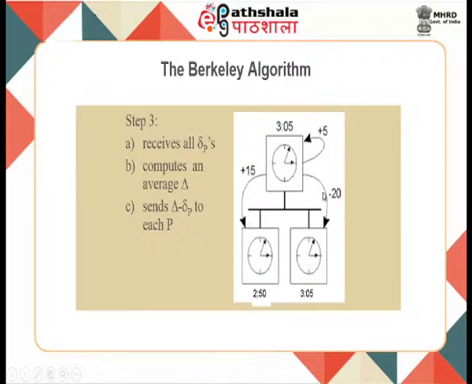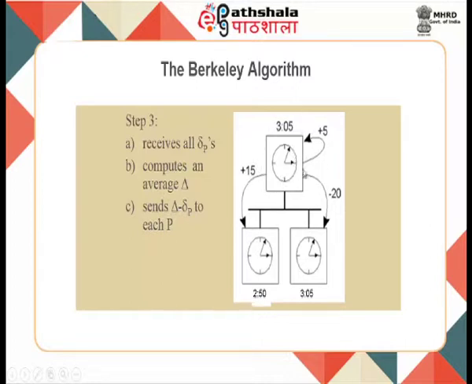Similarly, here the value that it had sent, its delta P, was plus 25. Now, I have 5 as capital delta and plus 25 as delta P. So, 5 minus 25 will be minus 20. So, the server daemon will send a message saying that, hey, put your clock backwards by 20 minutes, and here the delta P was 0. So, therefore, it is delta, so plus 5.